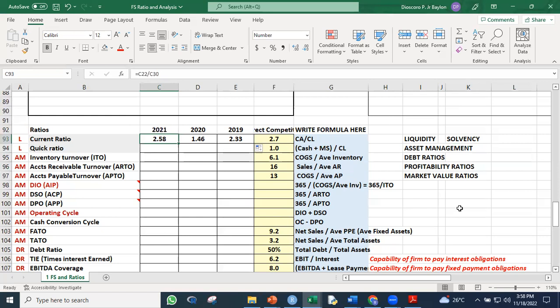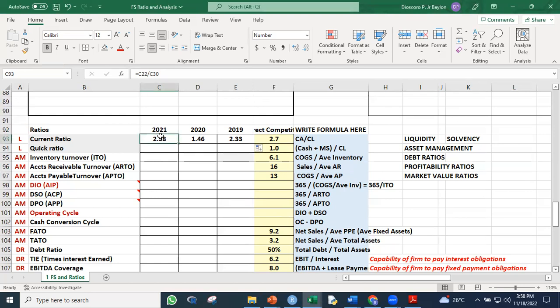However, it should be taken with a grain of salt. Yes, Migs raised his hand. Sir, how do you get the current ratio again?